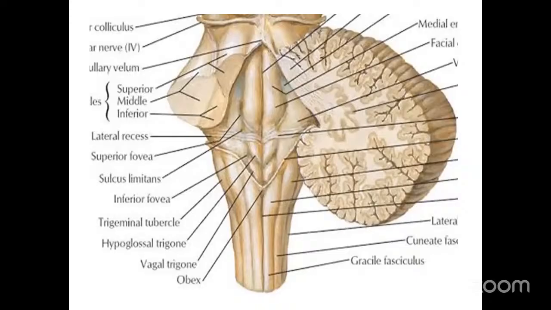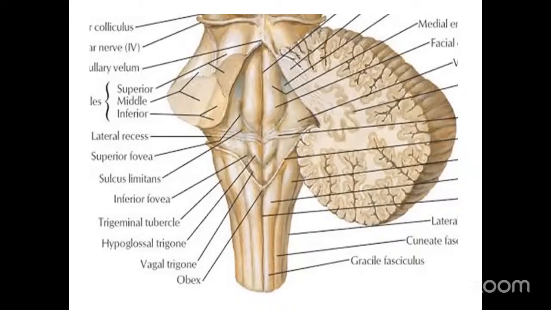The lower part is formed by the superior half of the medulla oblongata, and the superior part of the floor of the fourth ventricle is formed by the lower half of the posterior surface of the pons. In this conical structure, again there is a midline fissure that we call the posterior median sulcus. This same sulcus continues below with the spinal cord as the posterior median sulcus of the spinal cord.